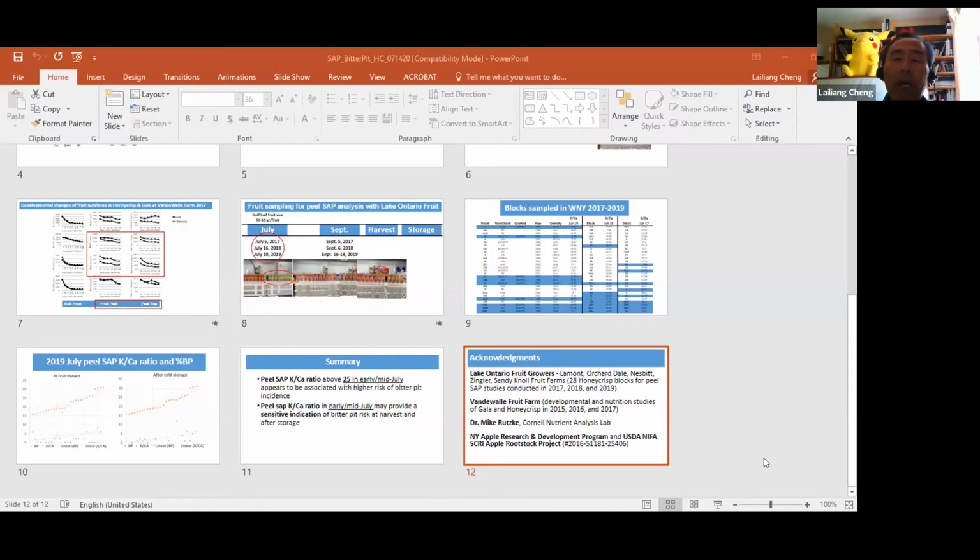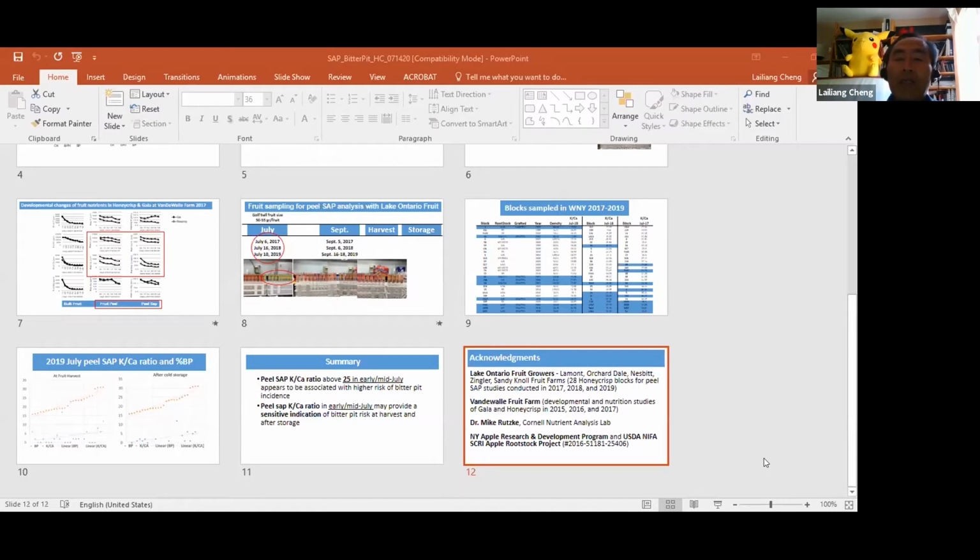And in some blocks, I think the ratio could go up to 45, even 50. It doesn't appear to be a huge difference, but I think this ratio allows us to have a handle on the bitter pit risk level.